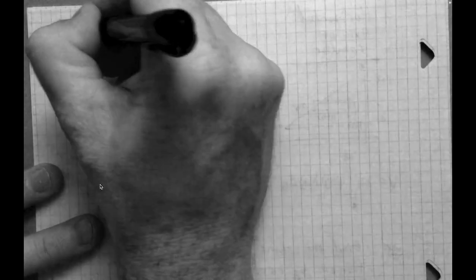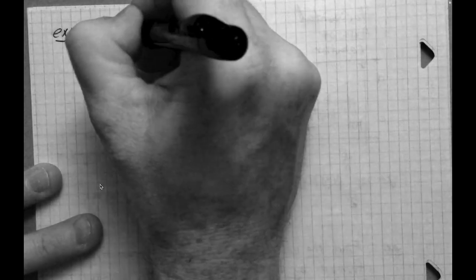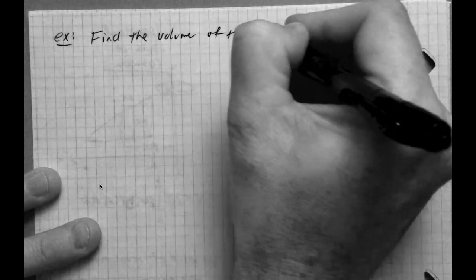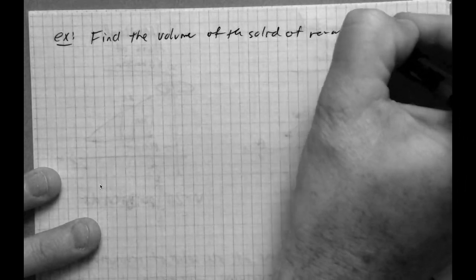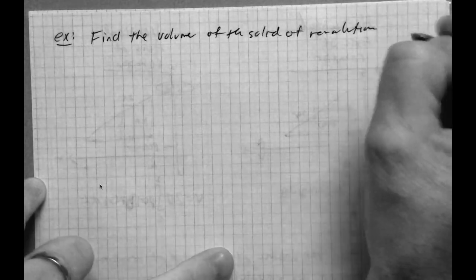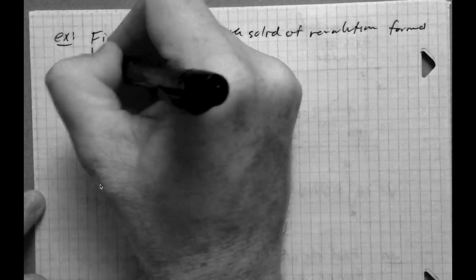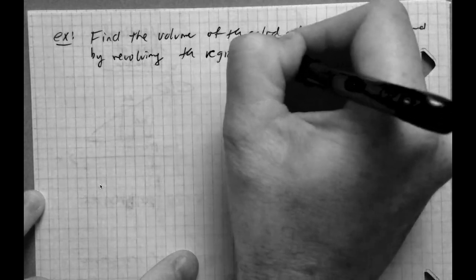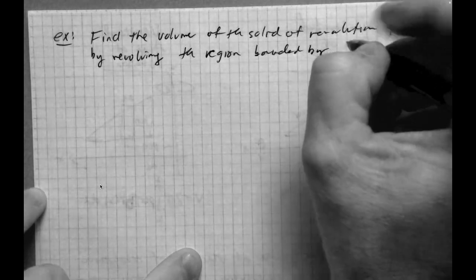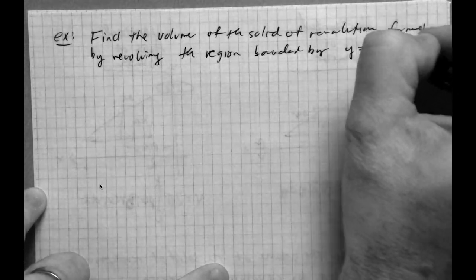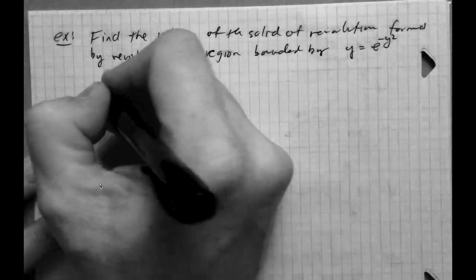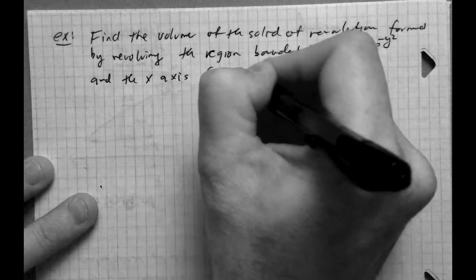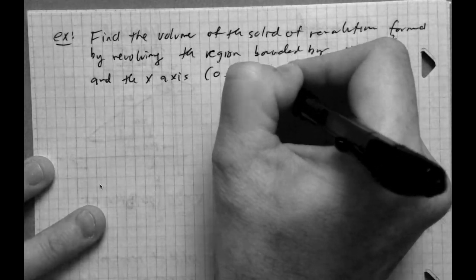So I will write this all out. Find the volume of the solid of revolution formed by revolving the region bounded by y equals e to the negative y squared and the x-axis, 0 less than or equal to y less than or equal to 1, and the y-axis, sorry.